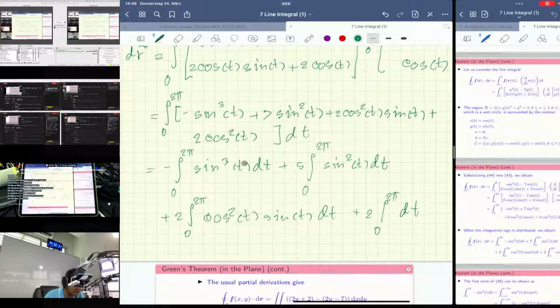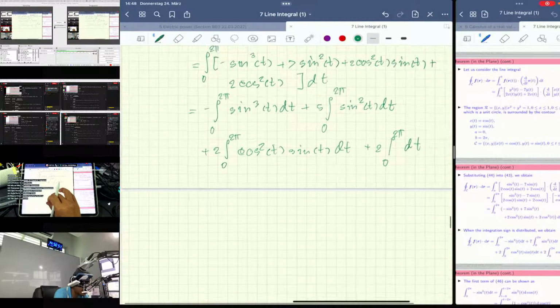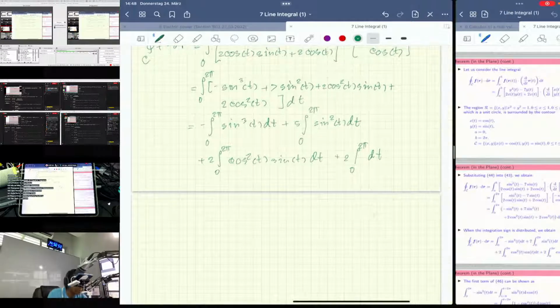So we get number 1 here. And here, that's why we have number 5, because we distribute 2 sine square t to this term. And it turns out to be number 1 here. Okay, and that's simpler. Let's go further. We're gonna need to evaluate these 3 terms of integration.